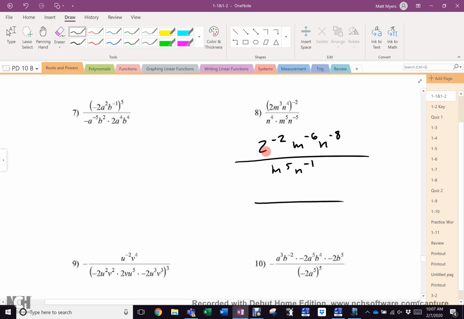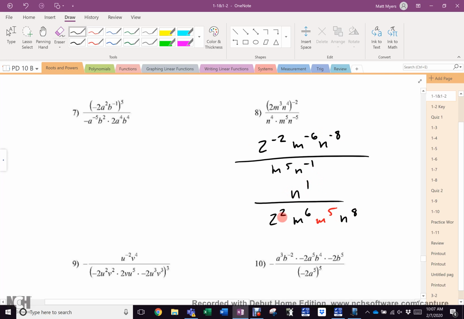Okay, so this 2 to the negative 2 is going to come down here and become 2 to the positive 2. This m to the negative 6 is going to come down here and be m to the 6th, but I already have an m to the 5th down there. This n to the negative 8 is going to come down and become n to the positive 8, but I have an n to the negative 1 there, so it's got to go up and become n to the positive 1.